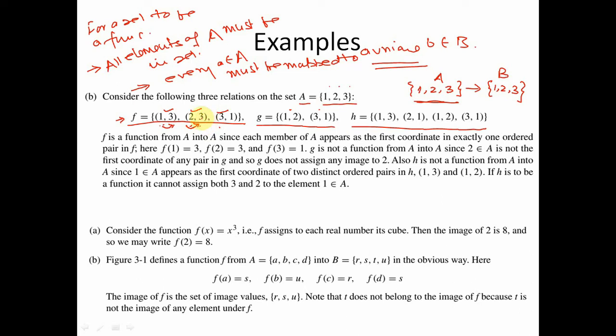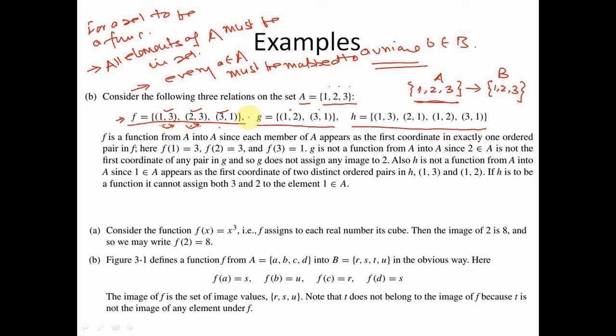Please remember, I have used the word unique, not distinct. The condition says every element of the set A must be mapped to a unique element. What it means is that if 1 is being mapped to 3, it should not be mapped to any other element in addition.